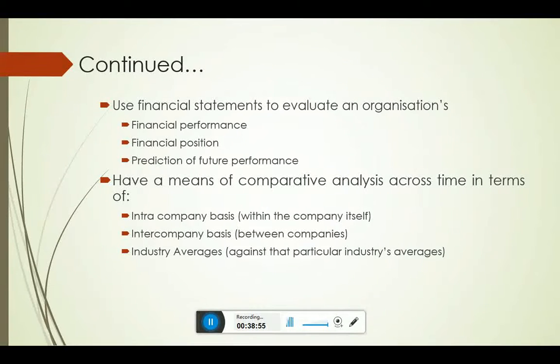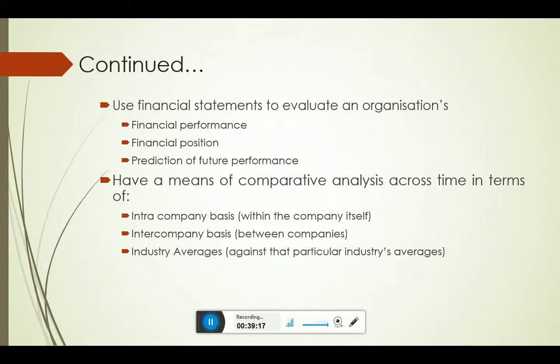There are industry averages available. The information is available in the market with the authorities, where they do analysis from time to time countrywide to report what is the average growth of each industry.